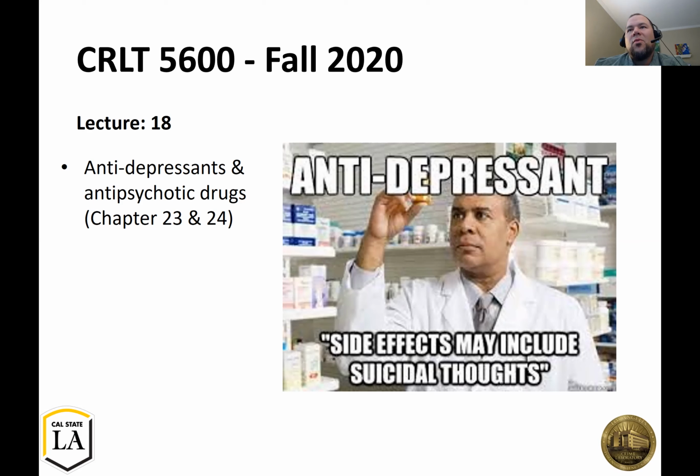Now you might be wondering, what does this have to do with forensic science? Why do I care? Well, a lot of people are on these medications, some of the most highly prescribed in the world. So what happens in forensic toxicology is that people do end up killing themselves. Some of these drugs do have side effects that might change someone's behavior.